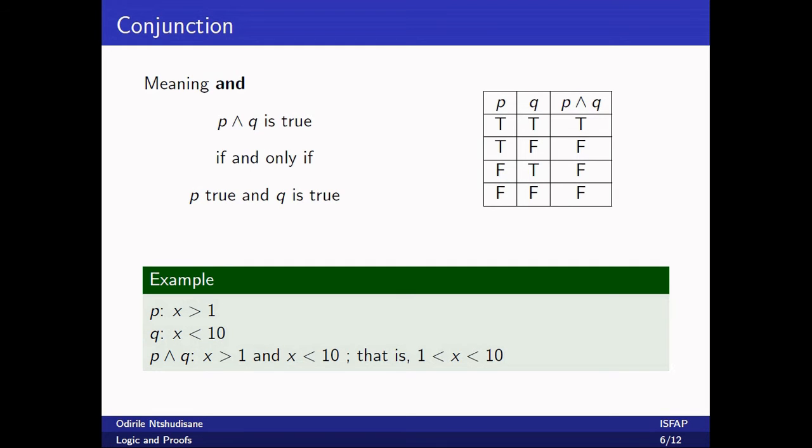Our next logical connective is the conjunction, or, meaning and. So this operates on two statement variables, P and Q, written P and Q, or with the wedge symbol. Now P and Q is true if and only if P is true and Q is true.